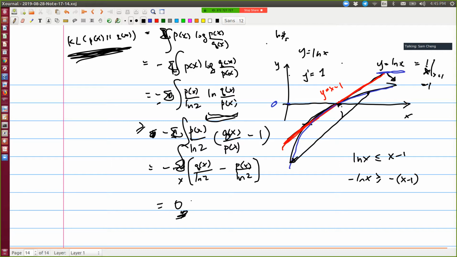Now, why did we introduce KL-divergence? Remember that just before that, we mentioned that we want to find an upper bound for the differential entropy, and we said that we want to introduce some constraint there.